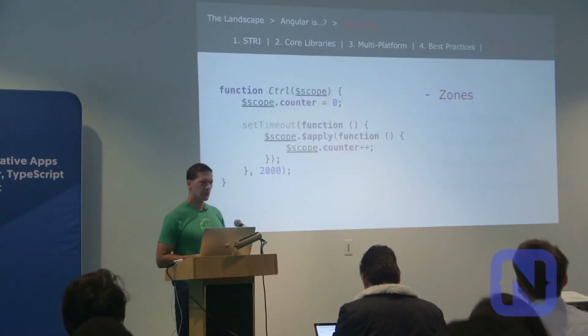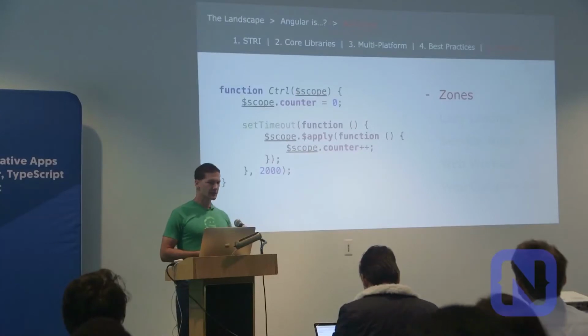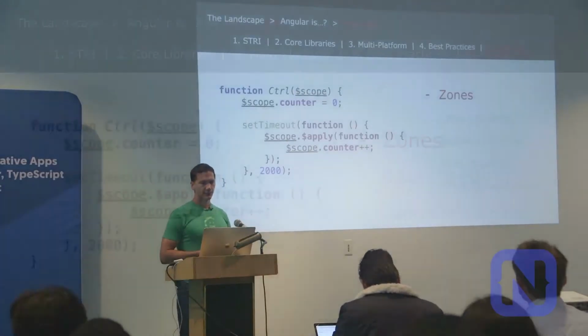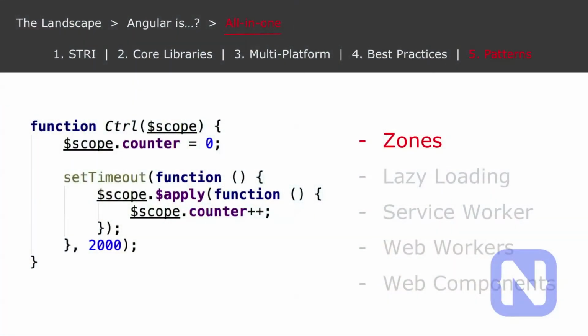So for zones, anyone from the Angular 1 world will remember this is Angular 1 code, old Angular code, where you have to do a scope.apply whenever you change a value outside that Angular doesn't know about. The reason is that there's an asynchronous call here, setTimeout.